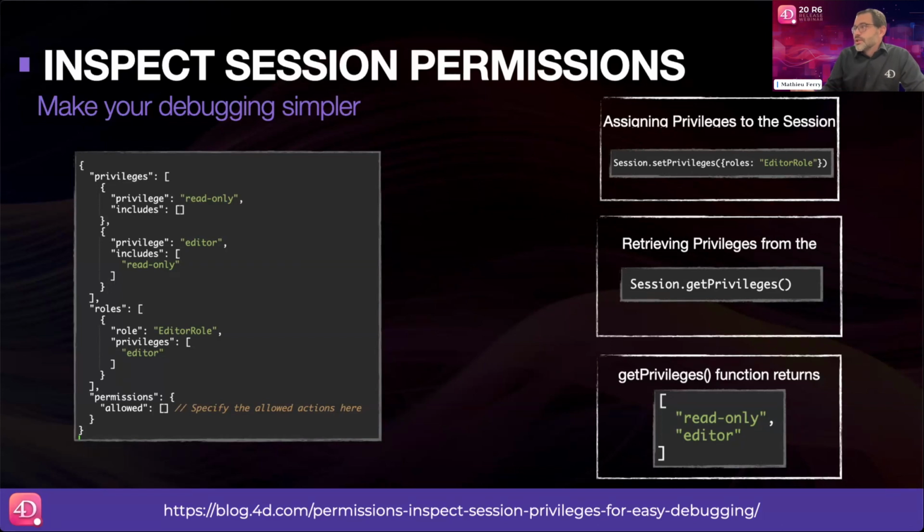The session.setPrivileges assigns the editor role to the session on the right. And so when you call getPrivileges on this session, you just get both privileges because they're assigned to the role assigned to the session. That's it for the little wrap-up. Once again, our blog will give you much more detail on this interesting feature.